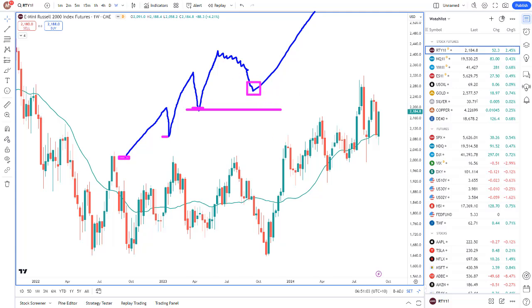When this is happening, I'm going to use the color red. As that is happening, and this here could be a 10% correction in the market, you say to yourself, no, John, tell me something new.